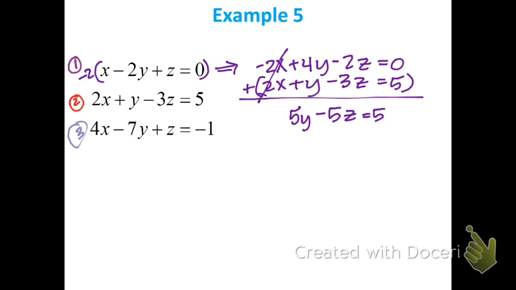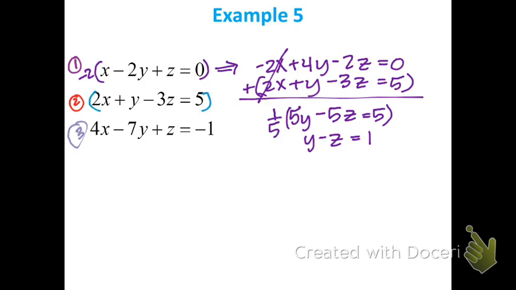And then this way, now you already have one variable that's been eliminated. What can I simplify that equation to? Y minus z equals 1. So do you notice how if we multiply the whole thing by 1/5, you have y minus z equals 1? Now what can I scale equation 2 by so that I can eliminate the x's in equation 3? -2.